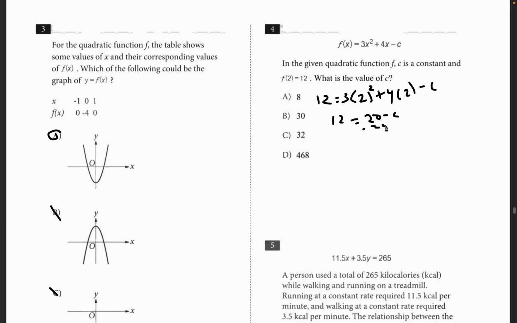Minus 20, minus 20. 12 minus 20 is -8. -8 equals -c, divided by -1, c equals 8.